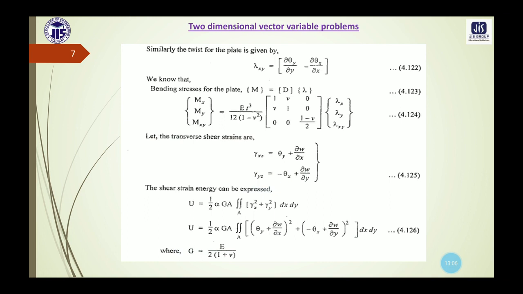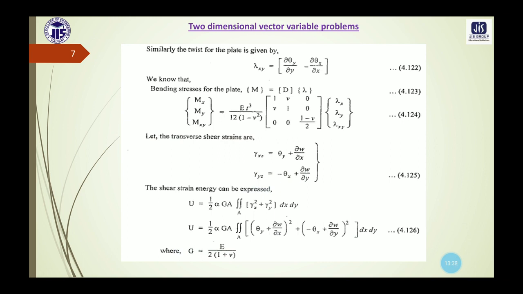So this equals the D matrix, which is E t cube divided by 12 into 1 minus nu square, multiplied by a 3 by 3 matrix where the Poisson's ratio appears, and multiplied by a column matrix of lambda x, lambda y and lambda xy. Let the transverse shear strains be gamma xz equals theta y plus del w by del x, and gamma yz equals minus theta x plus del w by del y.